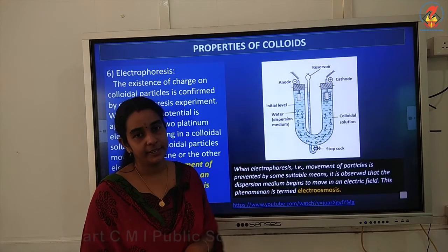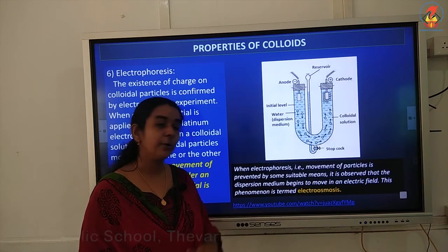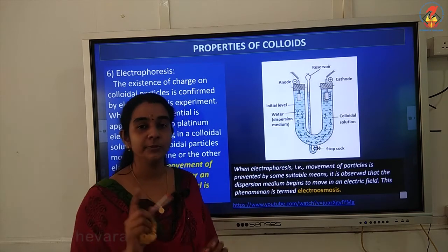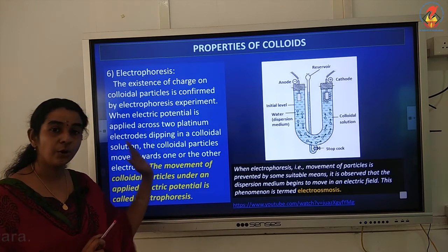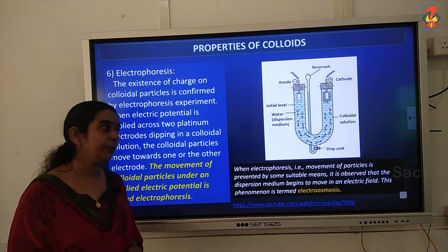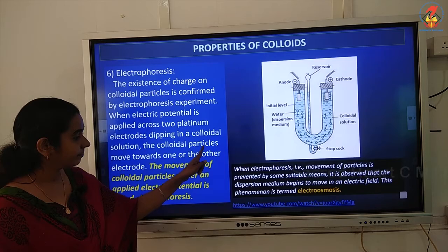If the solvent particles are moving, then it is known as electroosmosis, because in osmosis there is movement of solvent particles only. Otherwise, if the colloidal particles are moving under the influence of an electric field, it will be called electrophoresis.